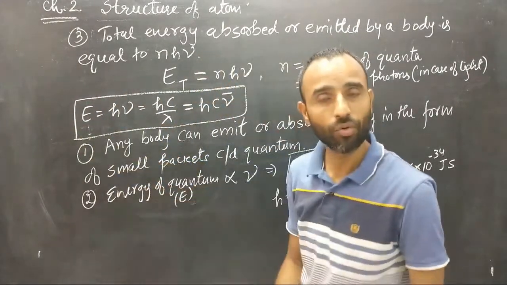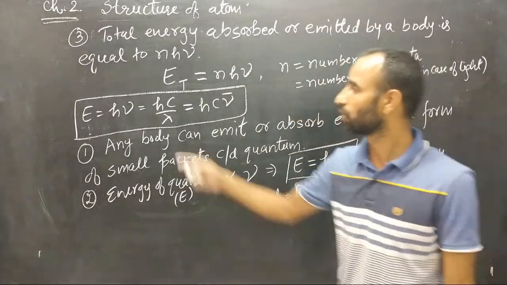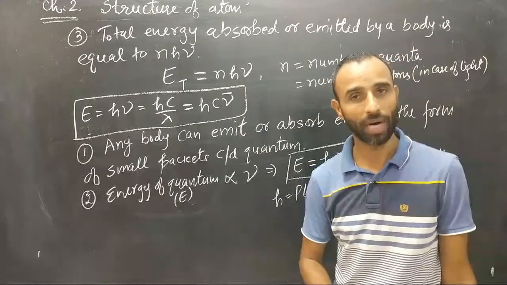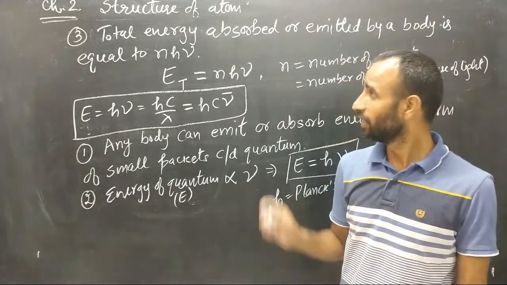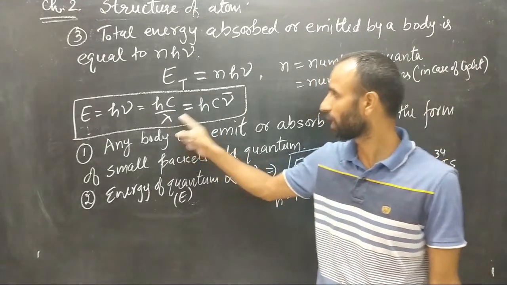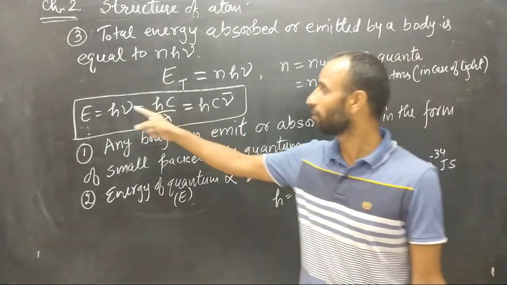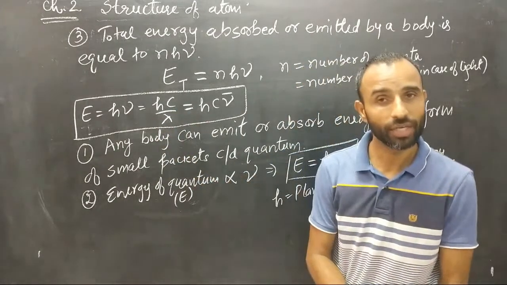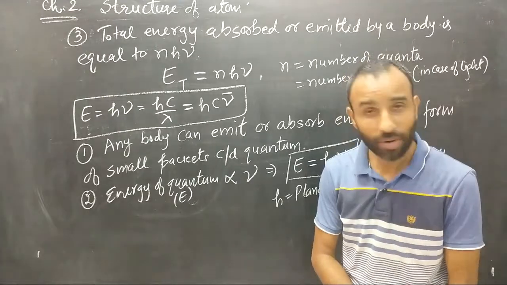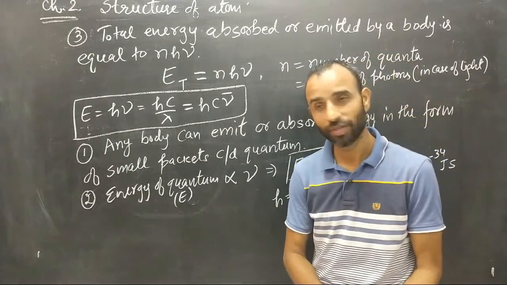E equal to h nu equal to h c over lambda equal to h c nu bar, right? So now we have the relations: c over lambda, nu bar, lambda into nu equal to c. Okay, E equal to h nu, h c over lambda, h c nu bar.